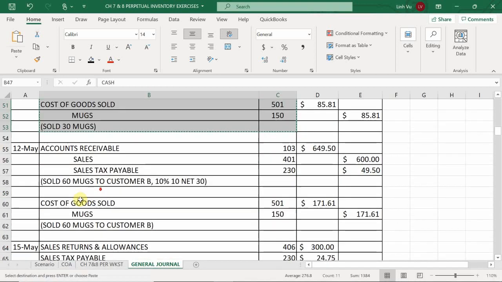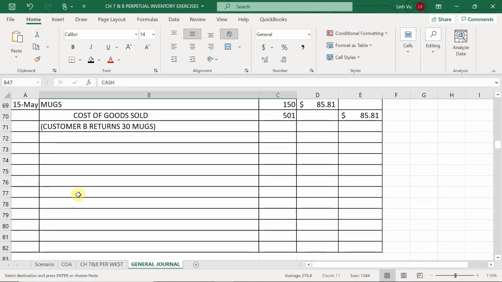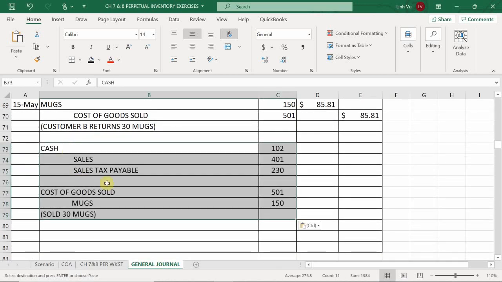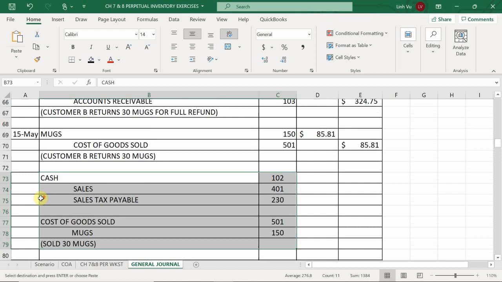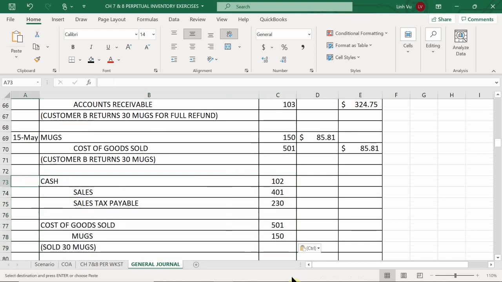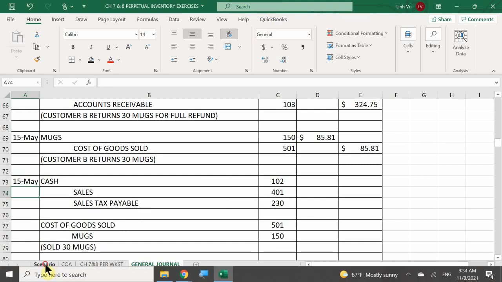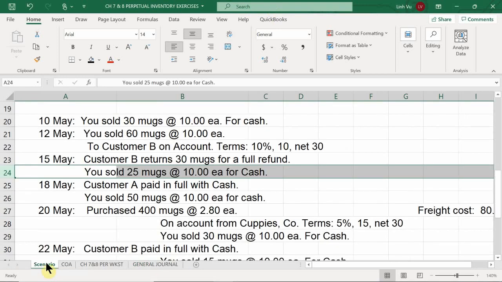So we're going to copy and I'm going to paste that here for the cash, sales, and sales tax. And it is same day, 15. Okay. So in this case, I sold how many mugs? I sold 25 mugs for $10 each for cash.